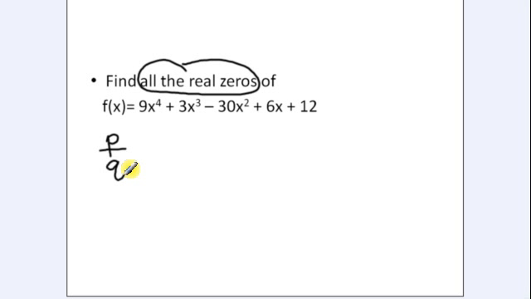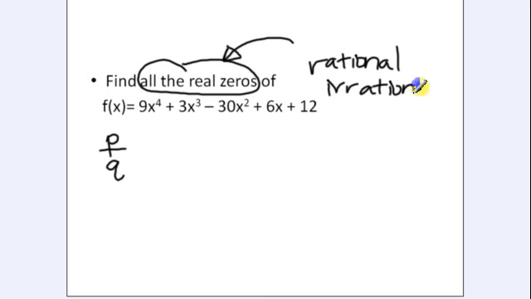Now, if it says find all the real zeros, well, zeros include not only rational numbers that we can find using the rational zero test, but it also will include irrational and imaginary solutions. And it's asking us to find all of them.